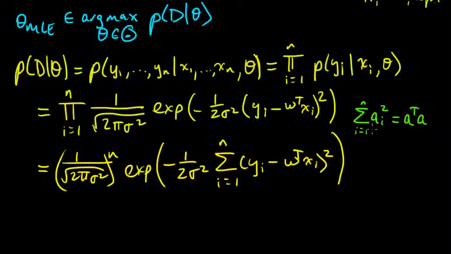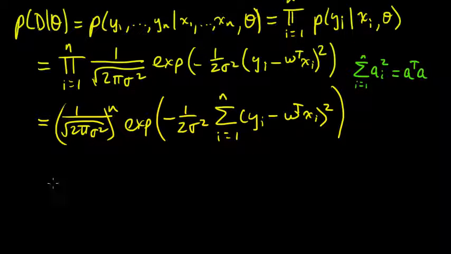Each of these yi's is just a real number, the value, and the dot product of w and xi is just a number. So this is just a sum of squares.